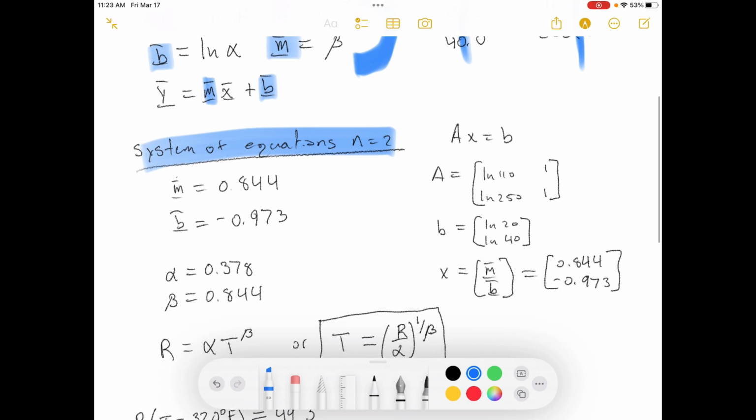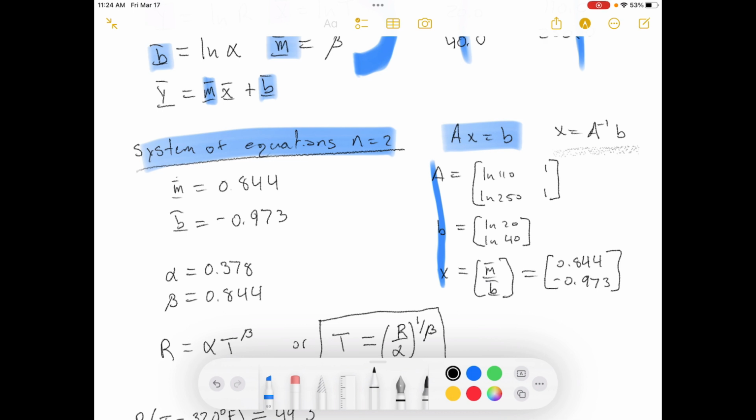I broke down the linear algebra method here in case you were interested in how to do that. So you solve the matrix equation by doing this. I left one step out here. So x equals the inverse of A times B. If you know how to do matrix math, you can solve for x by using this method.